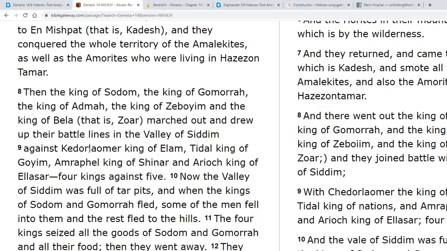And these are Kedar Laomer, Tid'al, Amrafel, and Aryoch. It's 4. Right? So these are the 4. So that's the 5. So Zoar, so that might be why they're saying Zoar is the name of the king, as opposed to the king of Tzivoim was also the king of Bela.